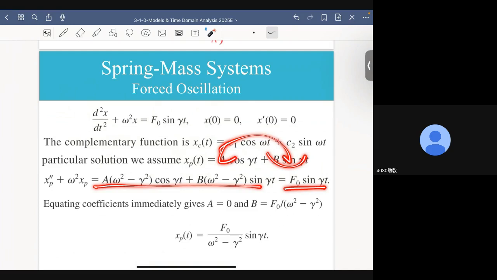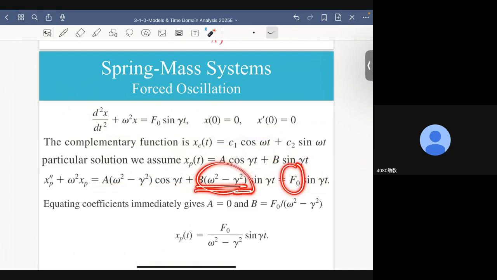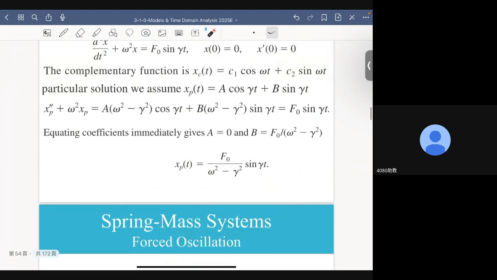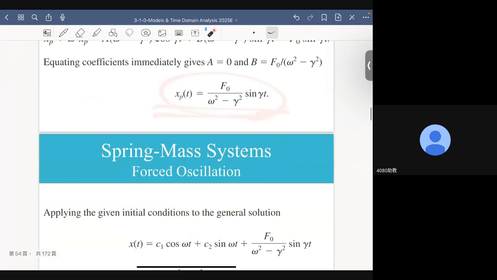And this will happen only if F0 is equal to B times the difference of omega squared and gamma squared, and A has to be zero, because on the right-hand side of the equality there is no cosine gamma t. Therefore, the coefficient of cosine gamma t here has to be zero, all right? So after determining B, we know that the particular solution looks something like this, all right?